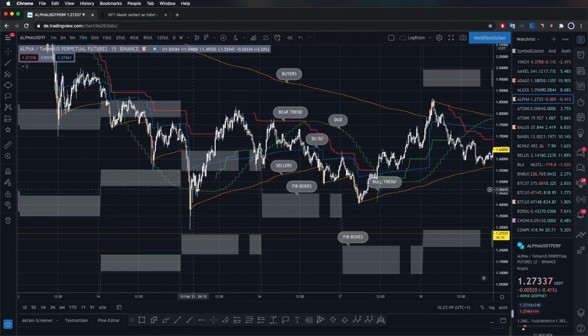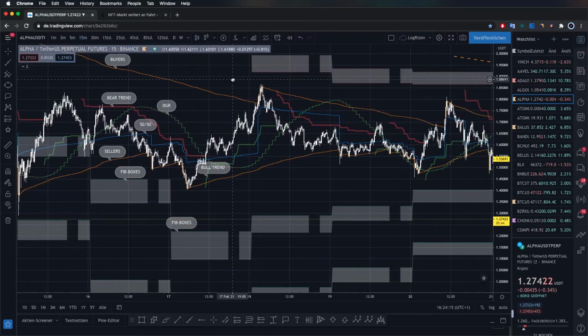So here you can see it head up from here until here and then up to there, before it really broke it. And then when you see it's breaking this line, it's going down. So every time it's beneath this line, the price is more heading down. So in this case, from here to there. Then you see here it's breaking it again to the upside, so the price is going up.